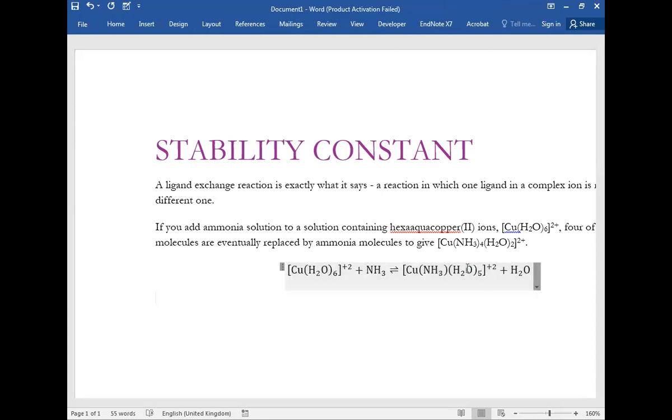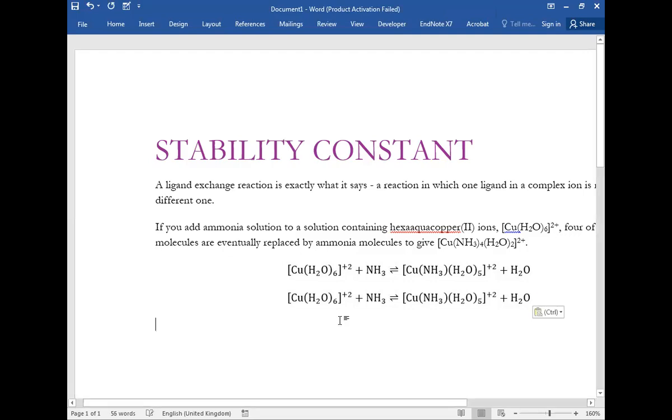Is this right? There is an equilibrium where one ligand replaces the other, one after the other. Then if I make the second one, tell me what we get.